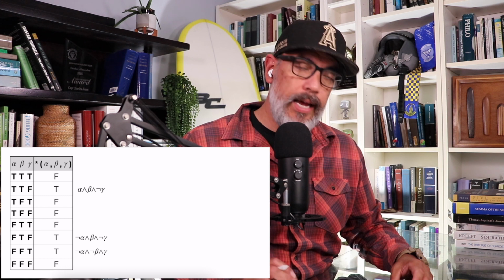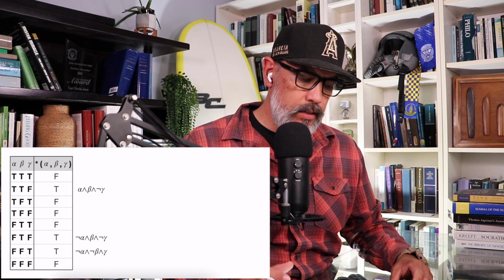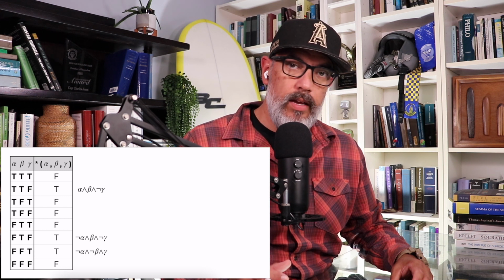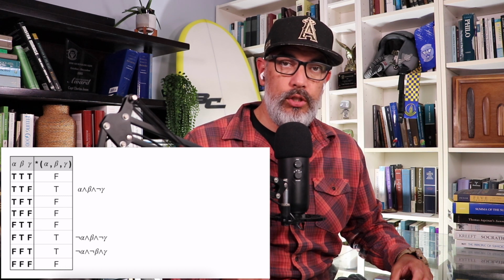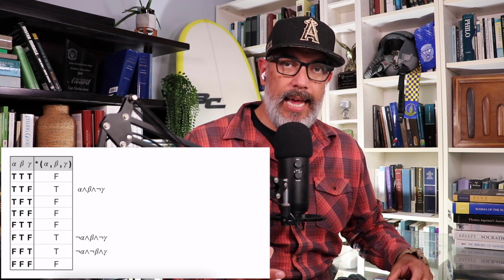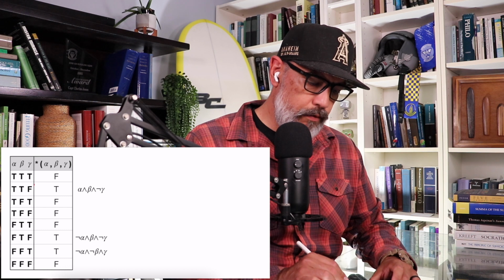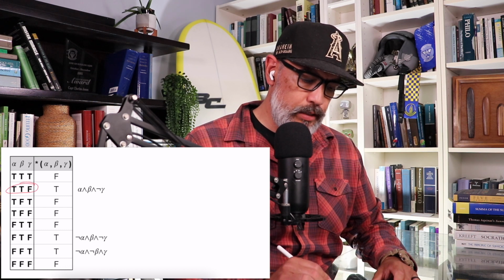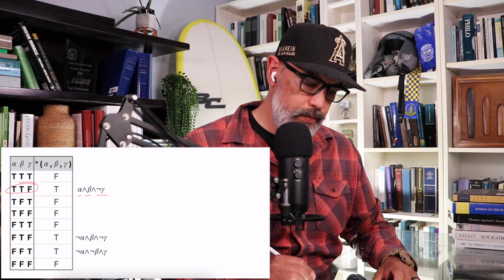So notice here I have a three-place connective chosen at random again, and it's just F, T, F, F, F, T, T, F. And on the right-hand side, I've written conjunctions using the truth values of alpha, beta, and gamma. So for example, on row 2, where alpha is true, beta is true, and gamma is false, I have alpha and beta and not gamma.